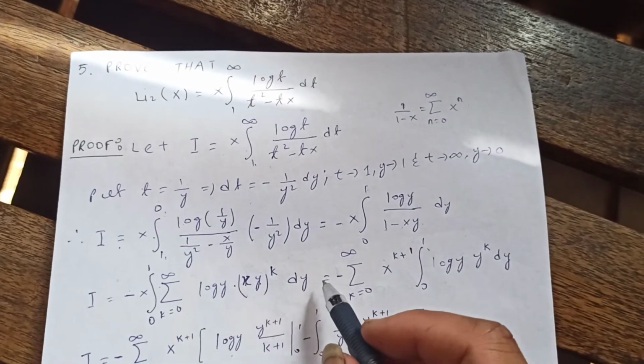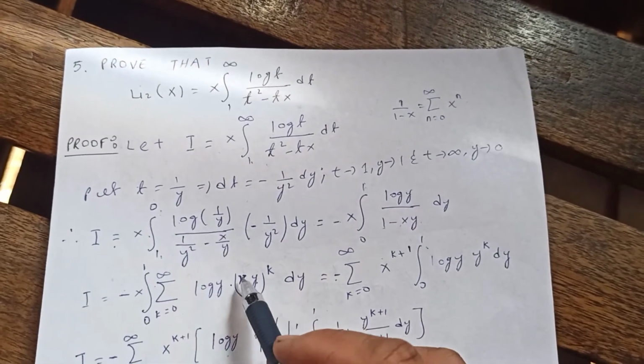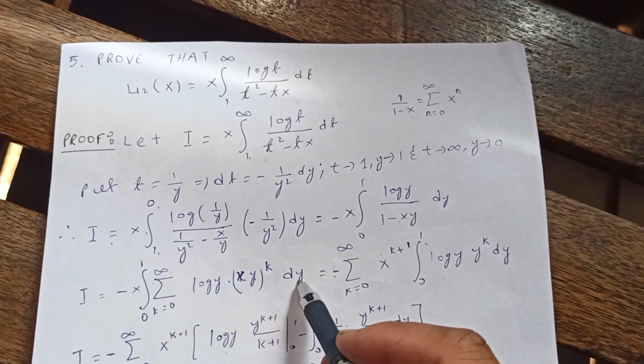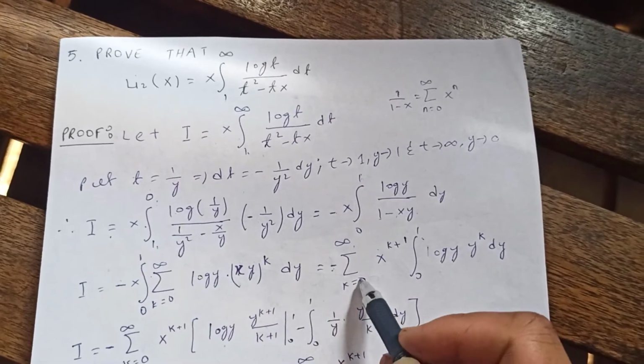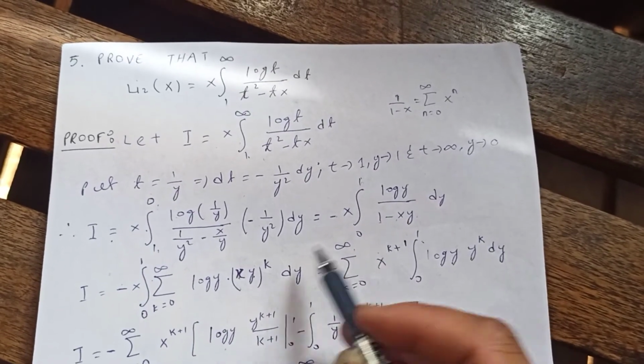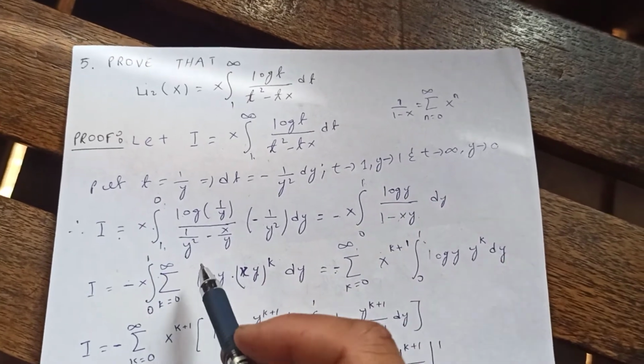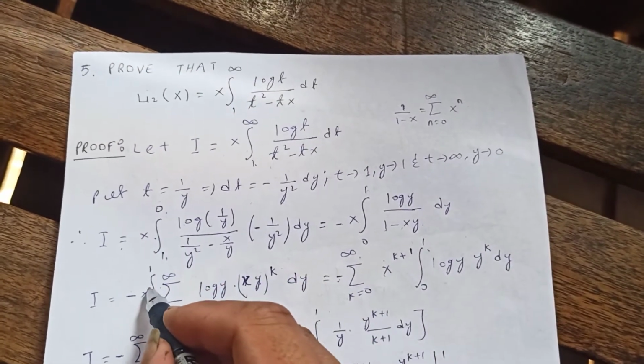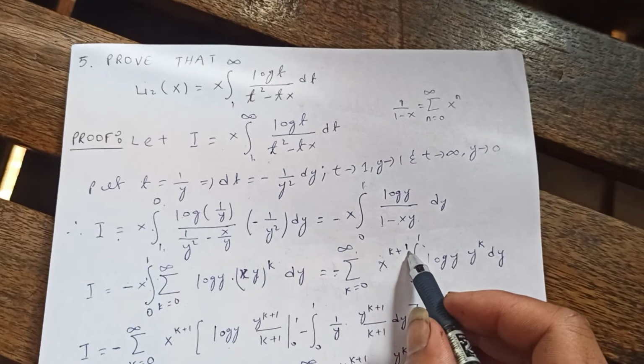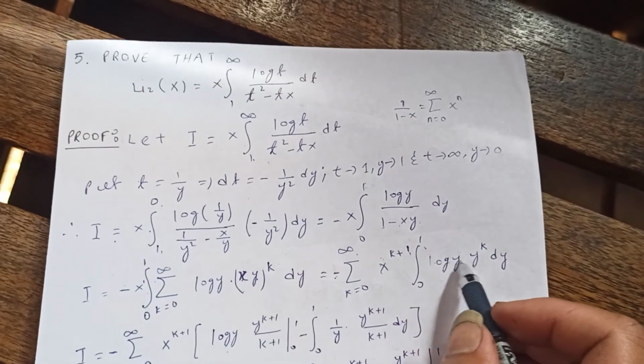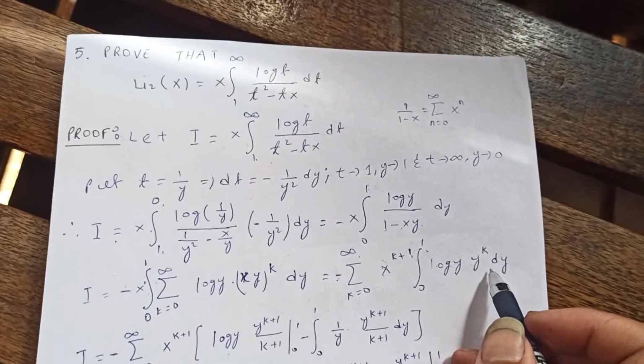So x is constant with respect to y, right? So negative sum from k equal to 0 to infinity, coming out xᵏ and x to the power 1 here again. So that's why xᵏ⁺¹, and the integral from 0 to 1 of log y times yᵏ dy.